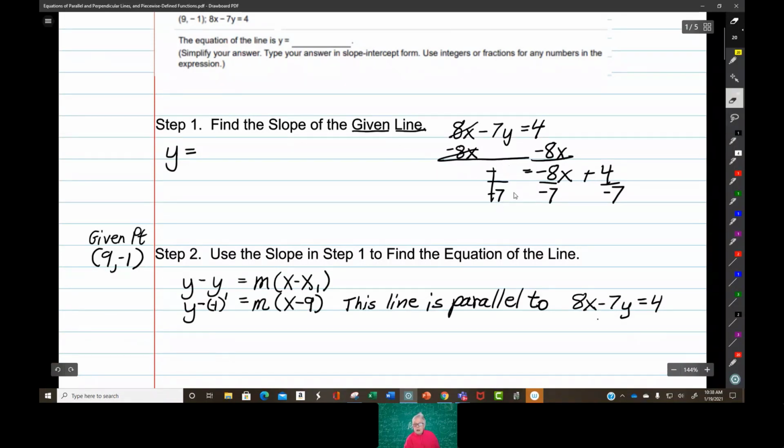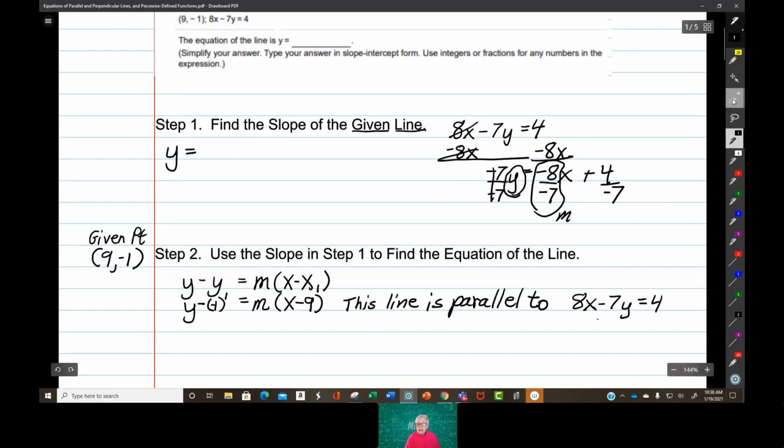And what I have is y equals, well, I don't even have to go to that much trouble. Now that I have solved for y, I know that this is the slope. And I don't really care about that at all. This is the slope.